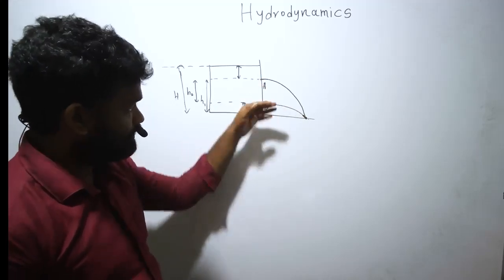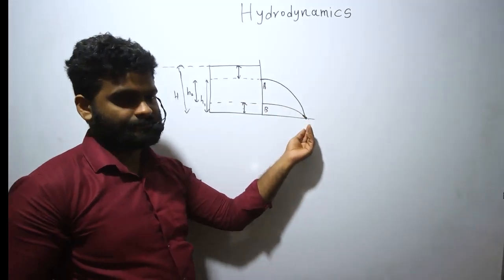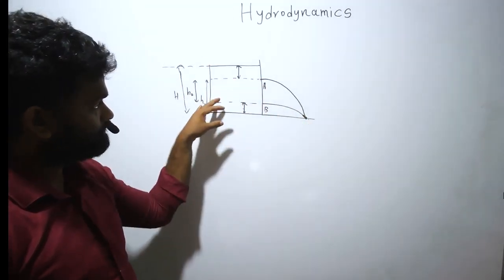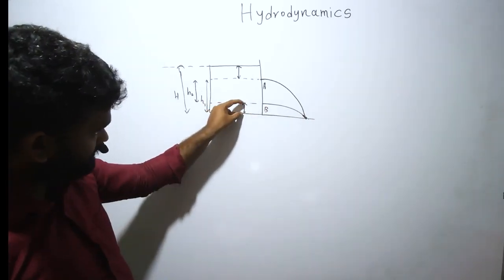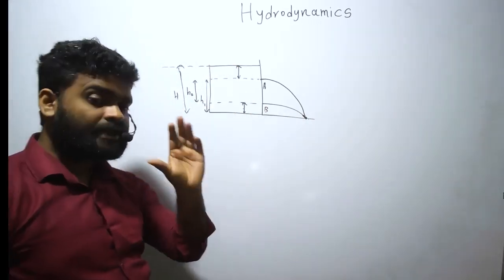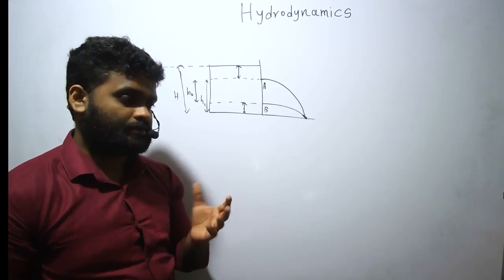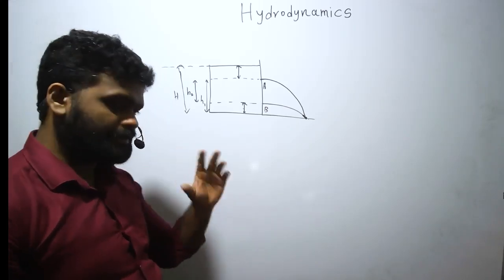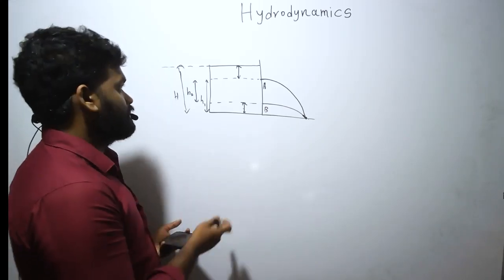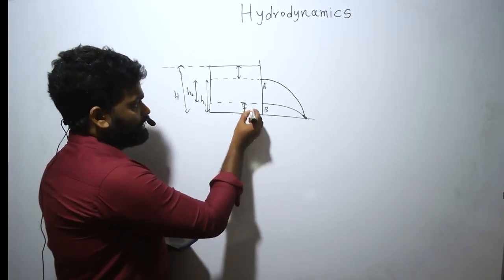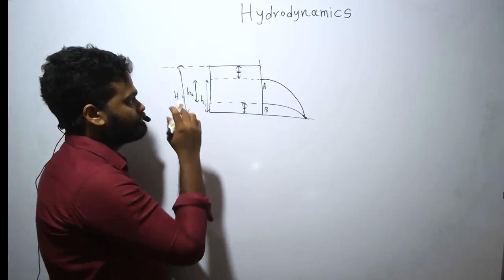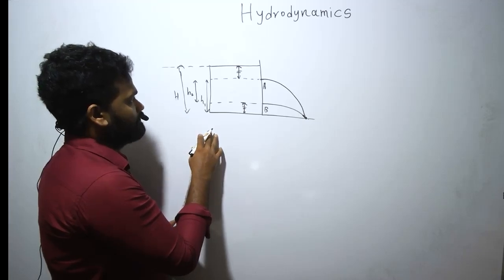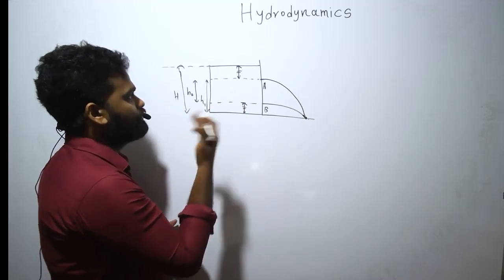So in each case you need to find horizontal distance in terms of these values, right? Then you can prove that this height and this height are equal, right? So I'm not going to derive that. You can try that, okay? Right. So we know that this height and this height are equal heights. Okay. So here now I'm going to use that.